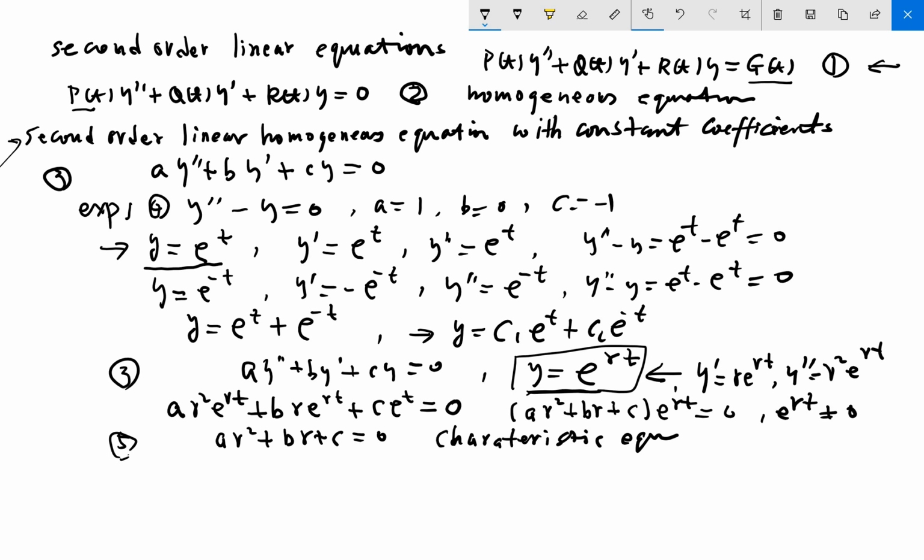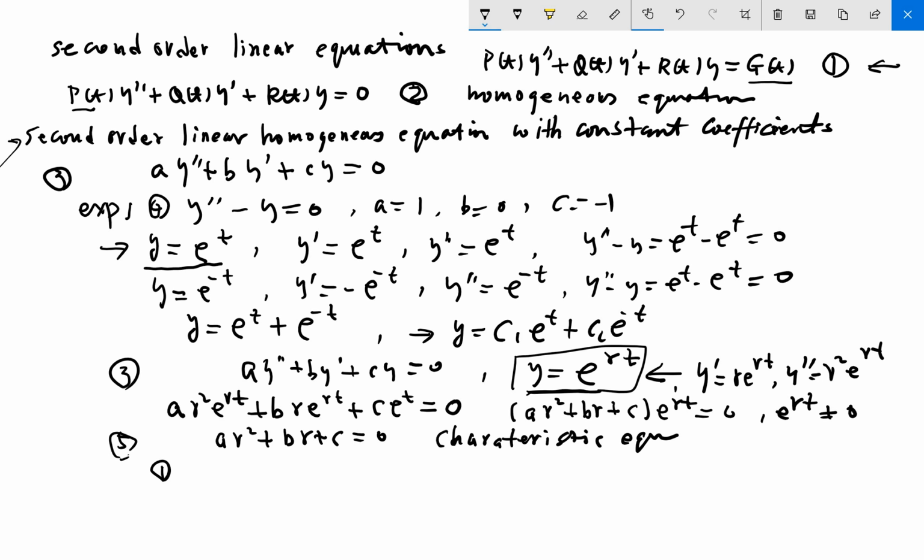So by doing this, we change solving a differential equation into solving a quadratic algebraic equation.